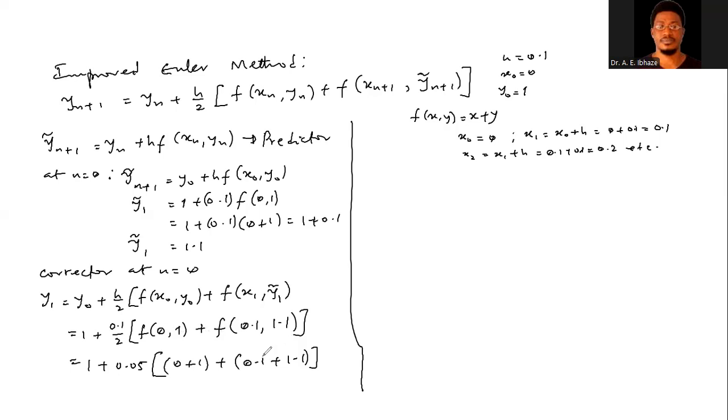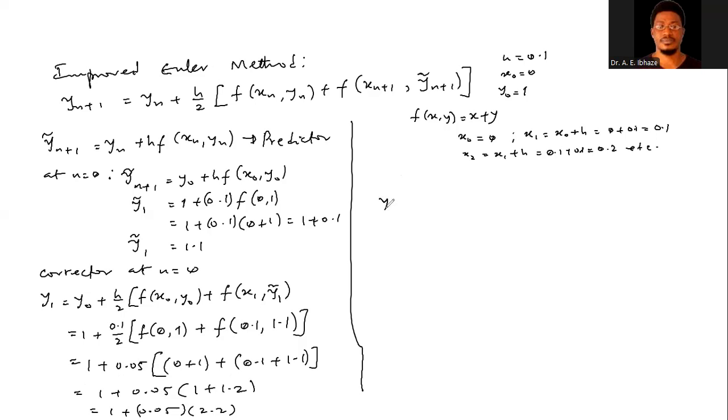So this is going to give us 1.2 plus 1, right? So this will give us 1 plus 0.05 into bracket 1 plus 1.2. So this will be 1 plus 0.05 times 2.2.